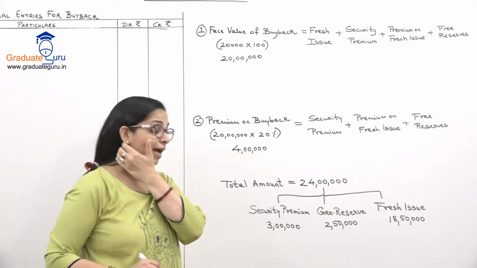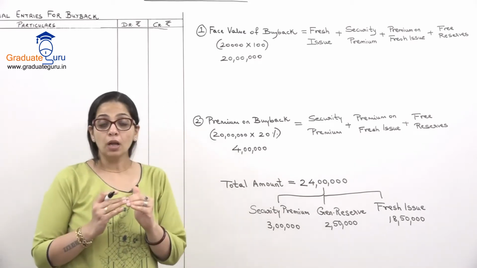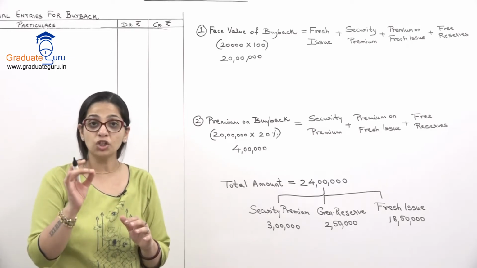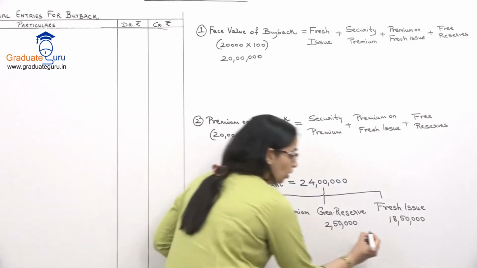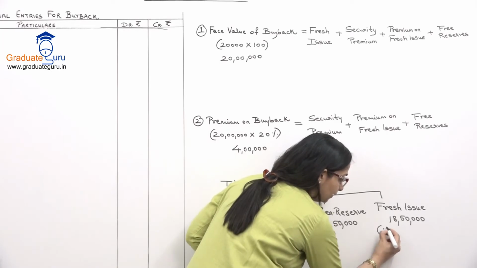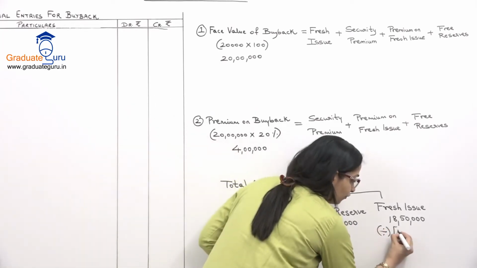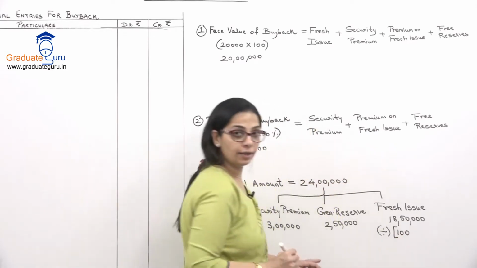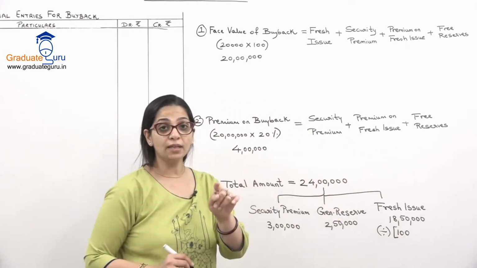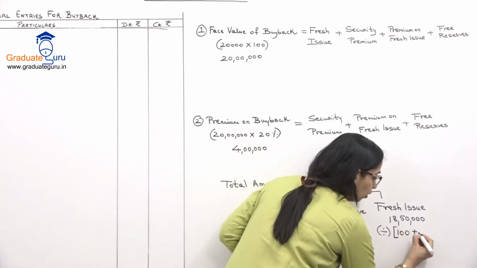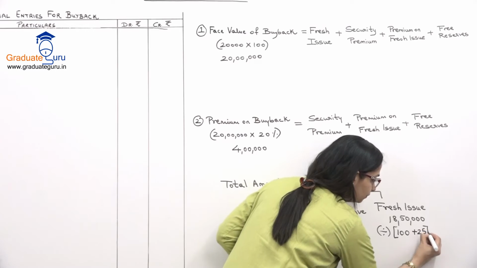But what do I want to know? How many shares we have to make the fresh issue for? So let's divide it by what? The face value of the share is 100. Plus they have said there is a 25% premium, so obviously it will be 25.